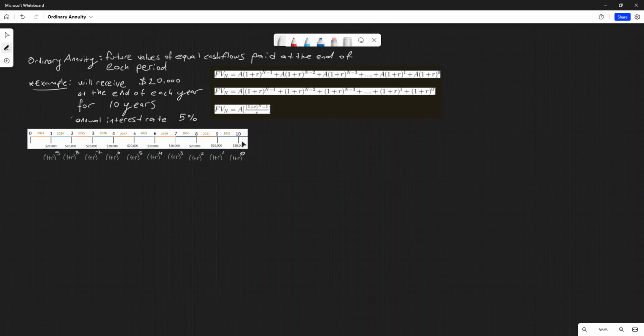And since there will be no years remaining for your cash flow, you need to take the zeroth power of this future value factor. So let me walk you through the calculation.